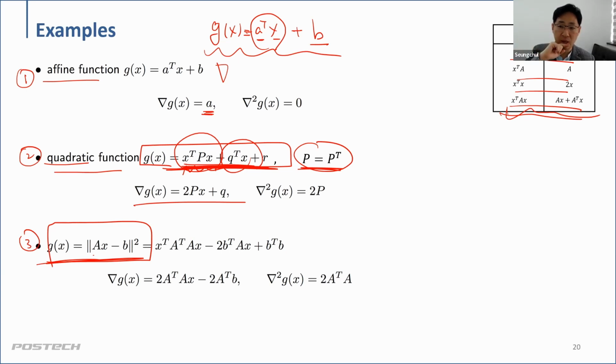If A is a skinny matrix, there's no exact solution in general. In that case, we have to do approximations. And remember, in the A matrix we have column vectors and a span, and B could be in the span space or outside of it. Then in that case, we have to minimize the discrepancy. That's the definition in two norm, squared.